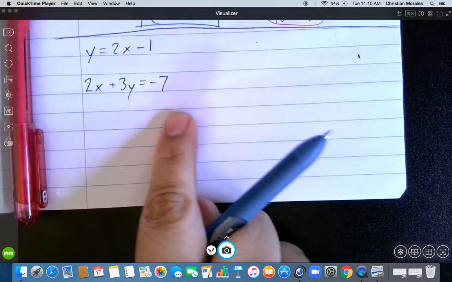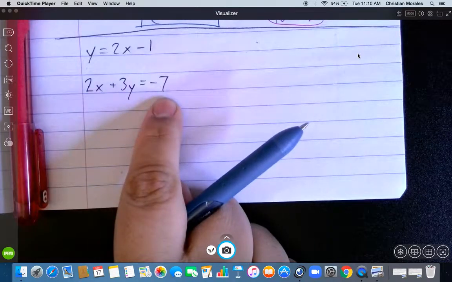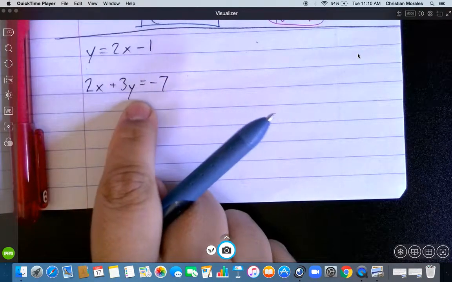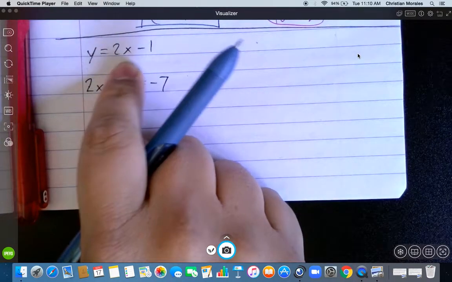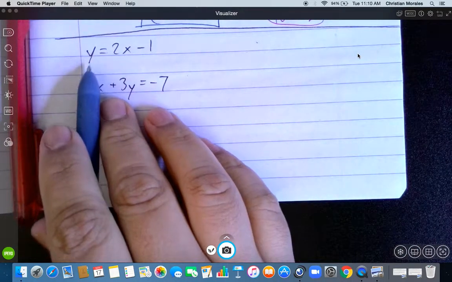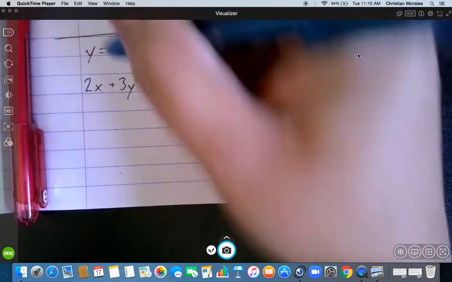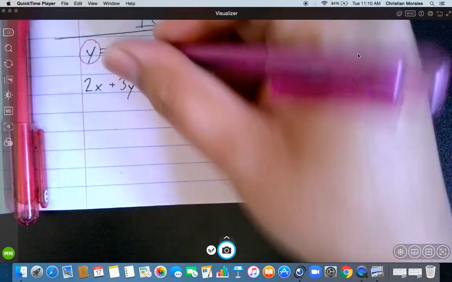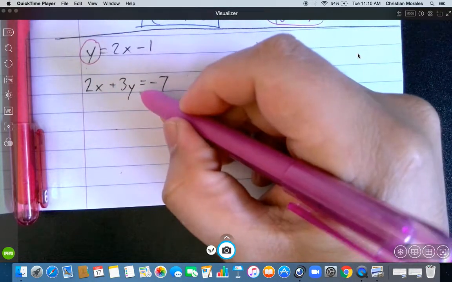All right, now here, 2x plus 3y equals negative 7, and the first one, y equals 2x minus 1. Now this one's going to be a little bit different because I know that this is equal to y, so I'm going to have to take this one and I'm going to replace the y in here.